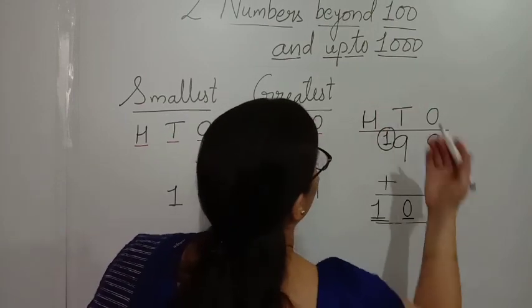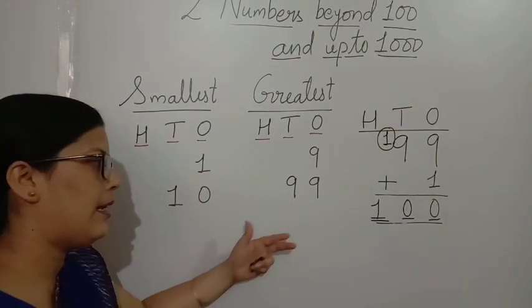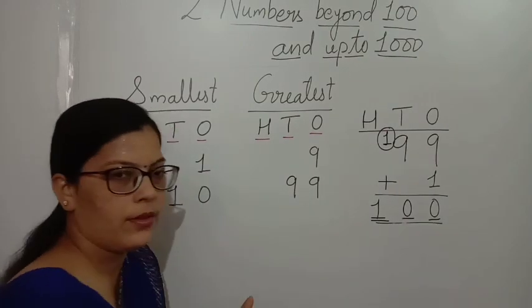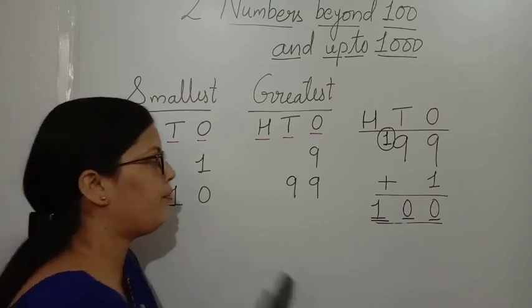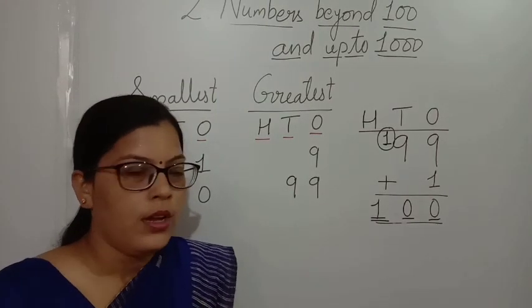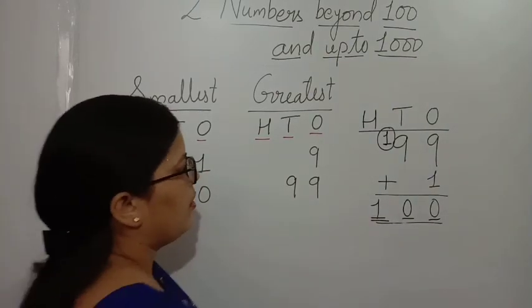Here, numbers beyond 100 means, in simple words, numbers which come after 100. So in this chapter in class 2 we are going to deal with 3 digit numbers.